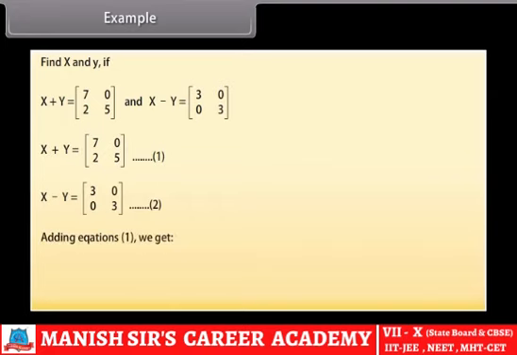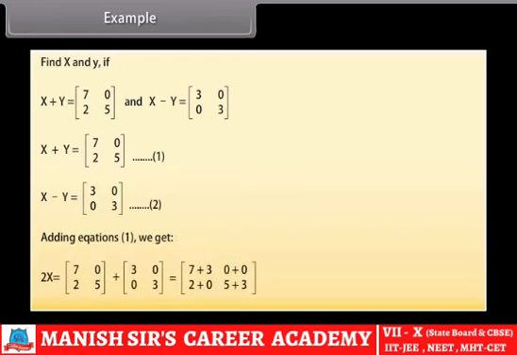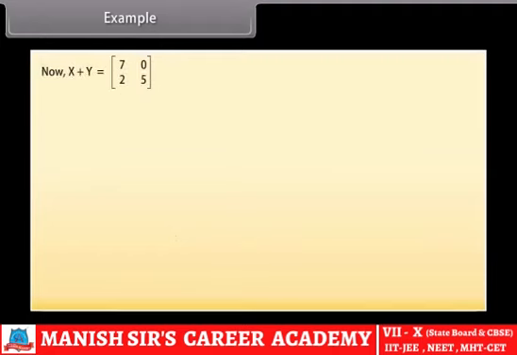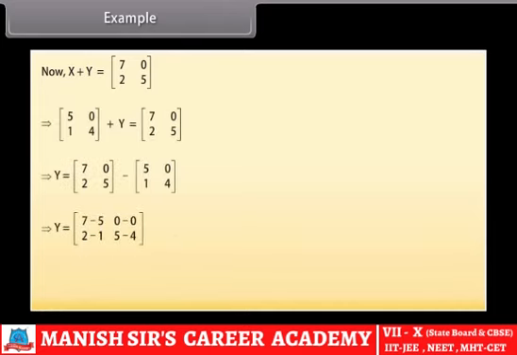Now add equations 1 and 2, we get 2X is equal to the matrix, row-wise: first row 10 0, second row 2 8. Therefore, X is equal to the matrix, row-wise: first row 5 0, second row 1 4. Now substituting the value of X in X plus Y and solving it, we get the matrix Y is equal to, row-wise: first row 2 0, second row 1 1.